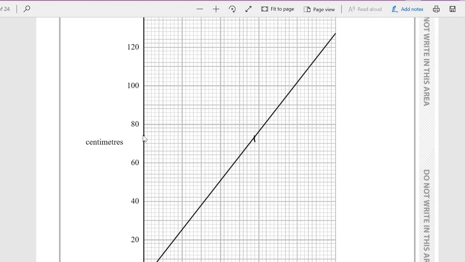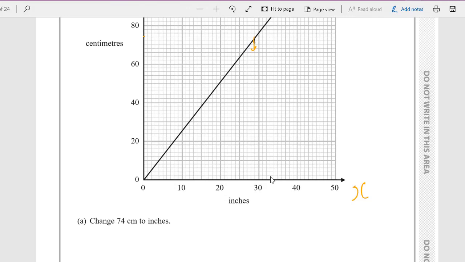So 74 is here. So if we just follow that line, come about here, and then we'd go all the way down, and it would come there. So that is 29.